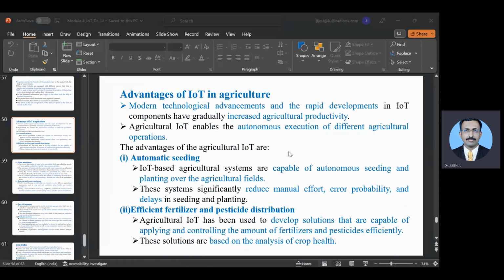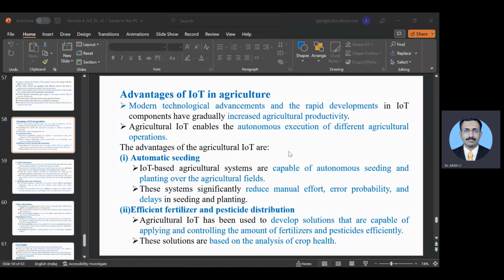Based on the requirement of the user, they can select any pesticide and, with the help of drones or any machinery, spray it. There are people who do it manually, and there are machines which do it. So it is up to you which process to use. But efficient fertilizer and pesticide control is very important.